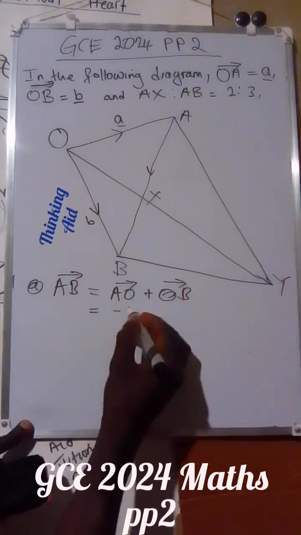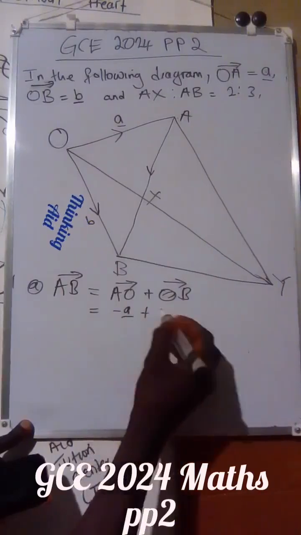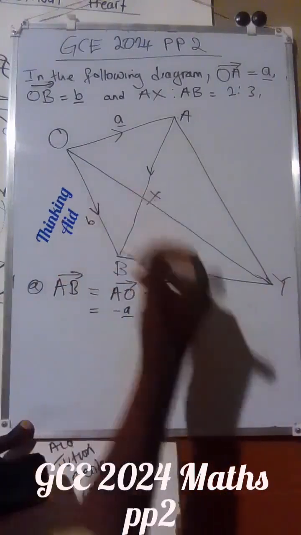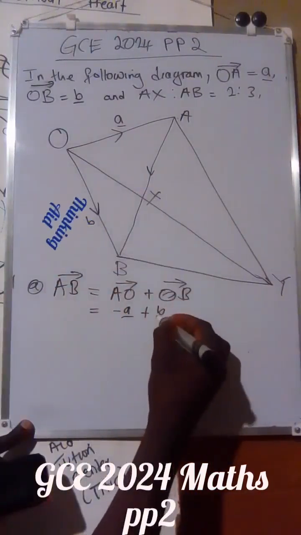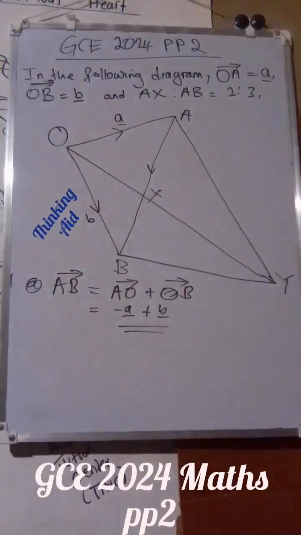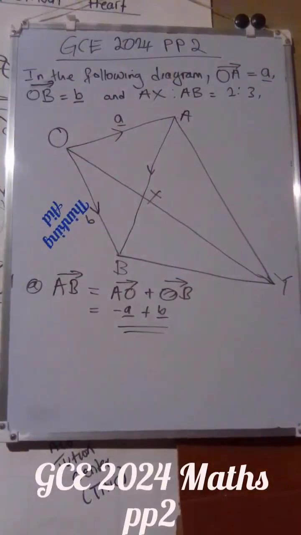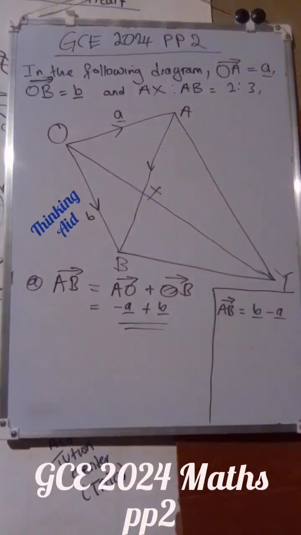So this is going to be negative A, plus O to B, that is B. So this is the answer for our vector AB.